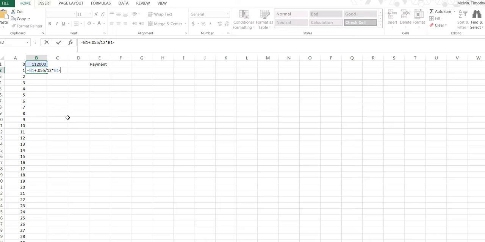There's your interest, and then minus P. Notice that cell highlights because we renamed it. Click on enter, and of course the debt goes up because we're not paying anything. P is at 0 right now, but that's okay, we'll figure out the payment in a minute.